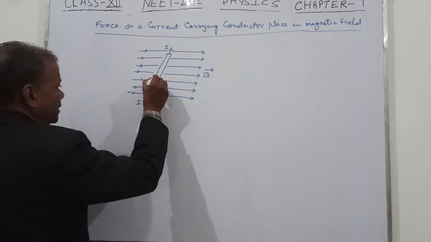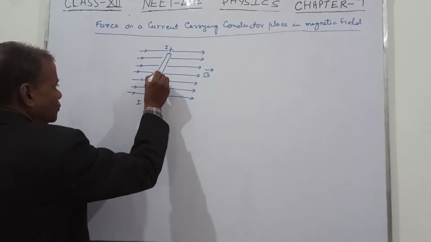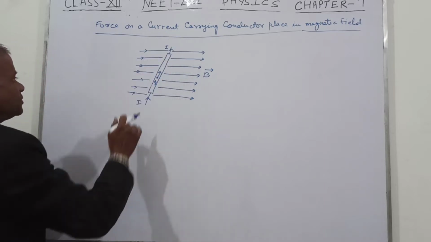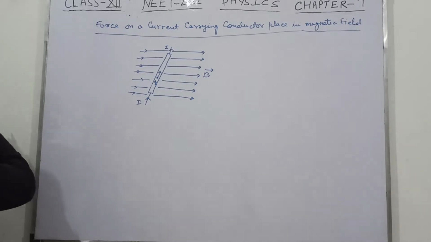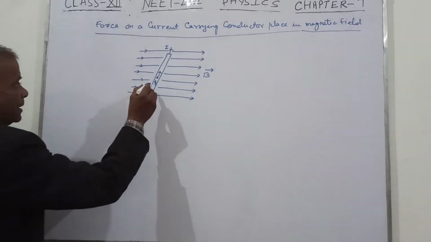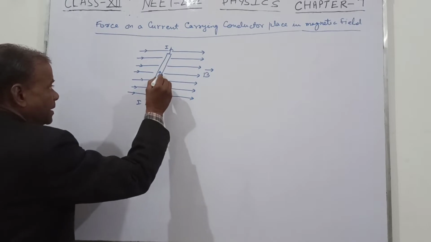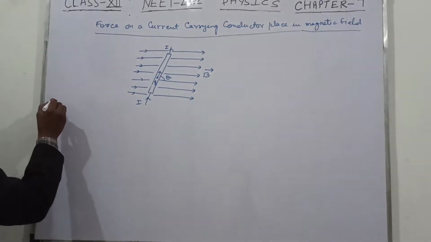Or we can have the charge Q moving in this direction. Let this be placed at an angle theta with the direction of the magnetic field.